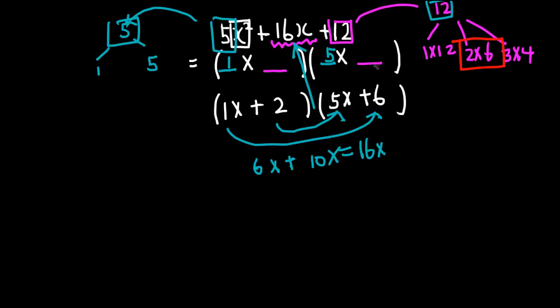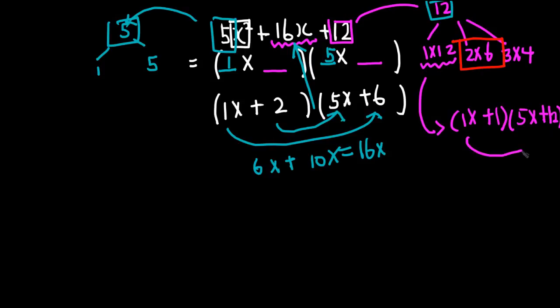Then let's go to the second one. I'll do 1x times 12, so 1 times 12, which will be 1x plus 1 times 5x plus 12. 1x times 12 is 12x, and 1 times 5x is just 5x, which gives us 17x.